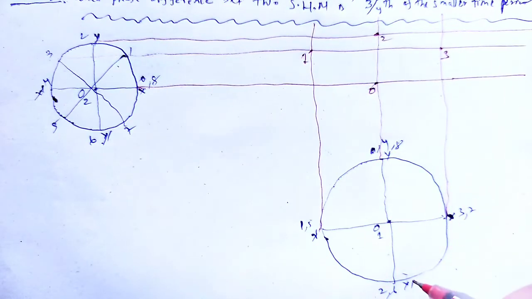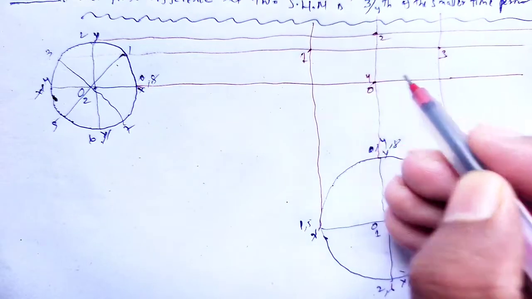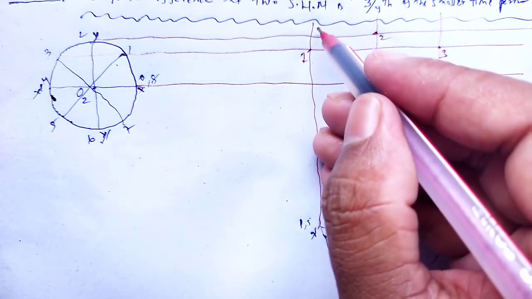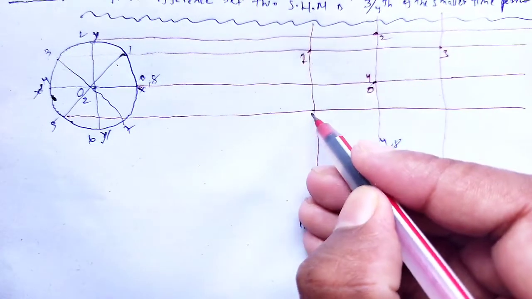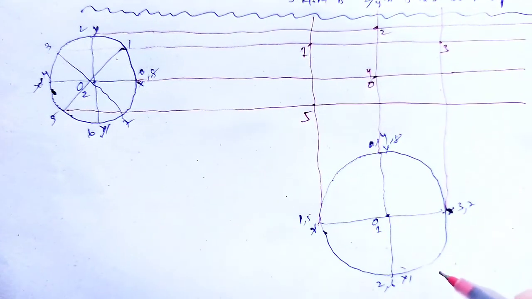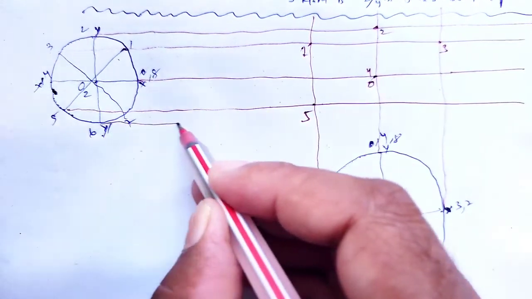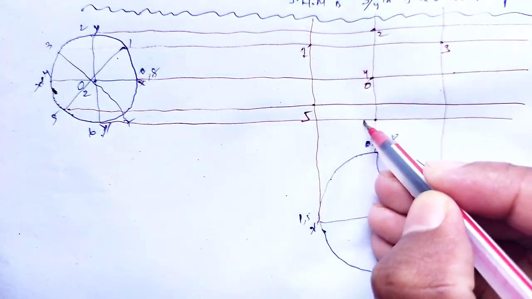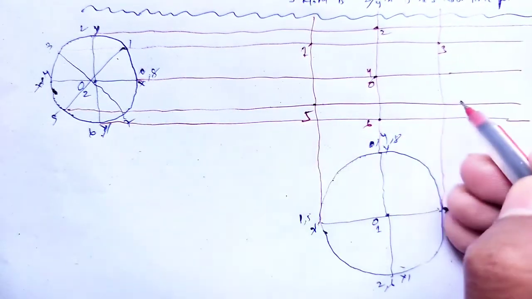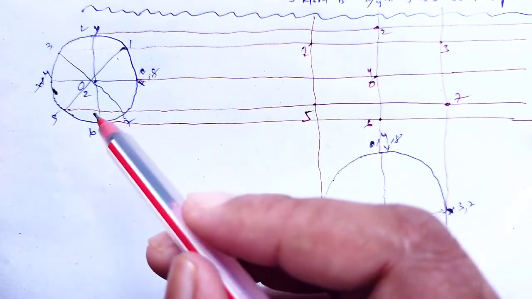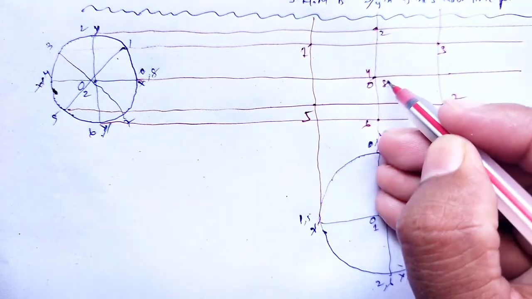Next 4 line, here 4 line, that point also 4. 5 line, here the points are for the 5 line. Then the 6th line, then for 7, it's for the 7 line. Then for 8, here 8, here 8, that for 8.